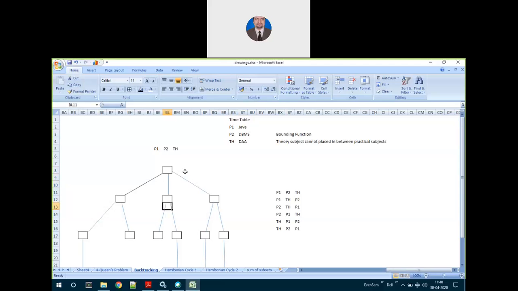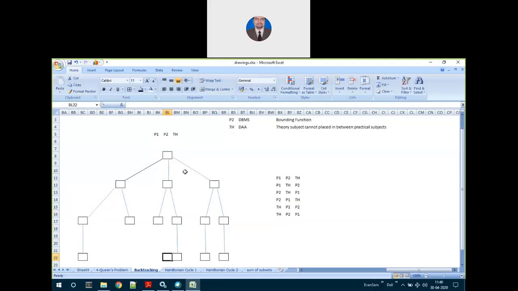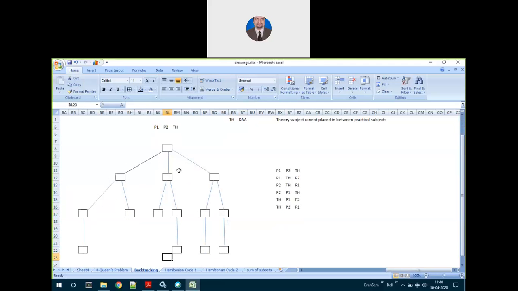Now let us try to understand how to draw the state space tree. For the time being I have drawn the state space tree here, but I will try to trace it. Let me write that, state space tree. Initially I will mark node 1 as the root node. From node 1 I will go to the next level as node 2, and I will join these nodes, node 1 and node 2.